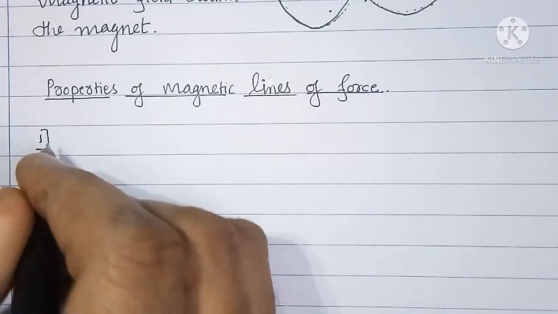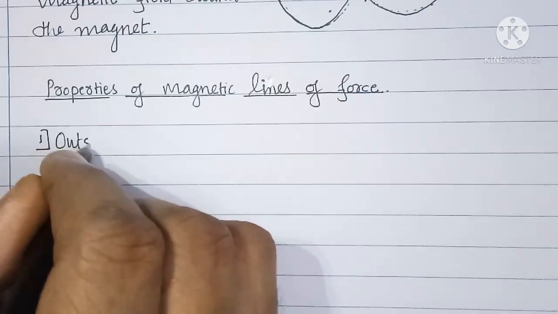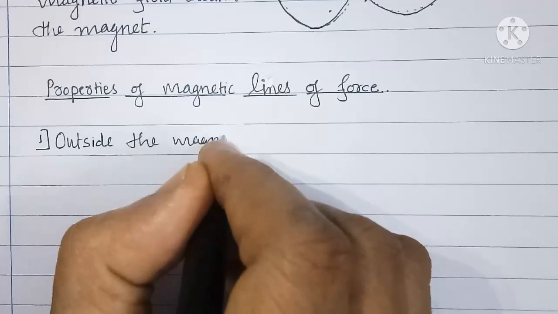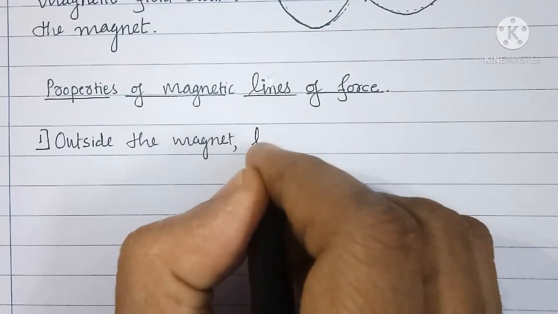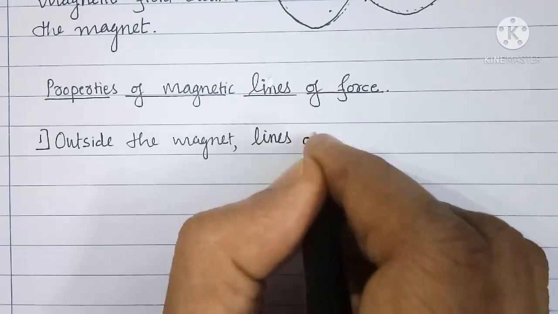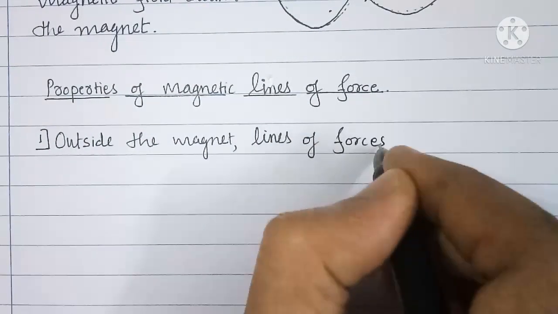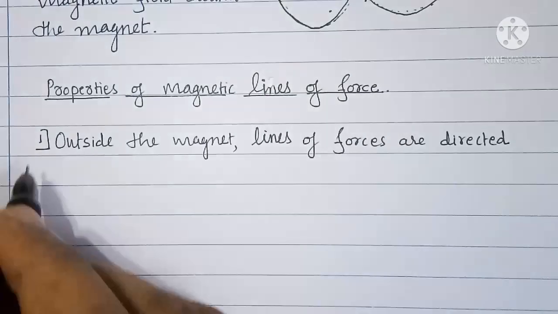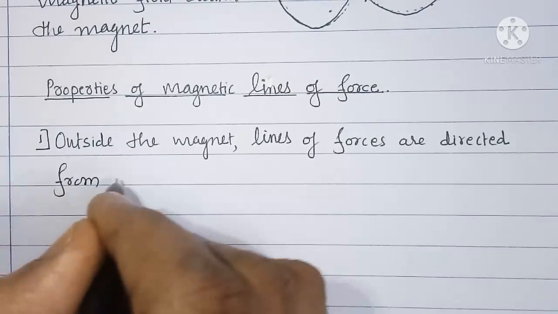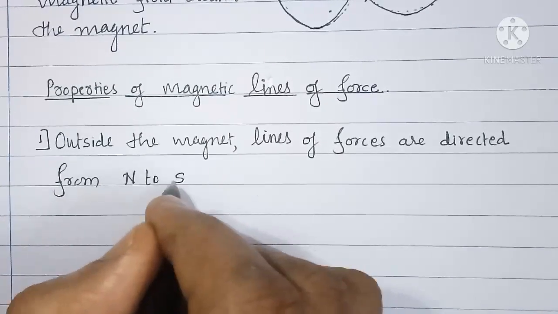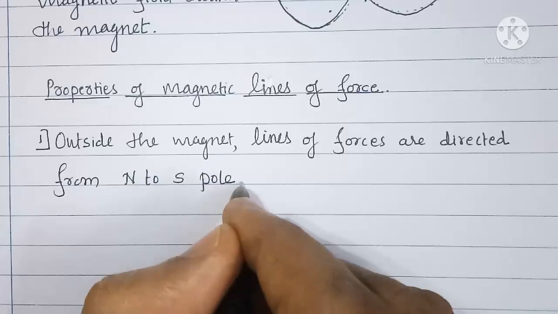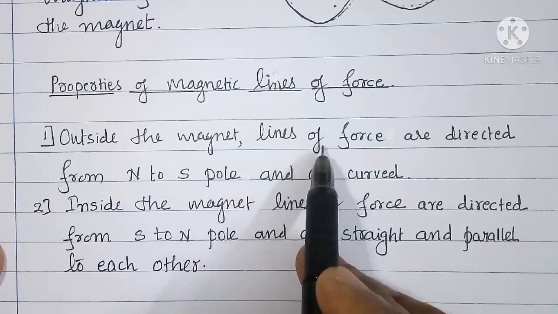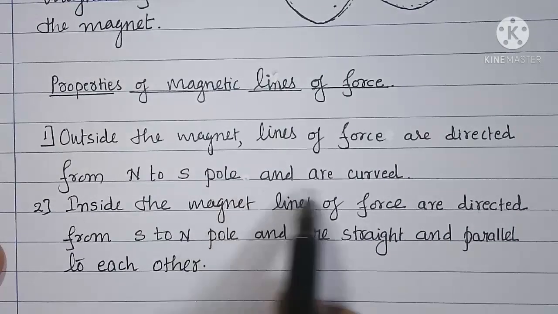First property, outside the magnet lines of forces are directed from N to S pole and are curved.